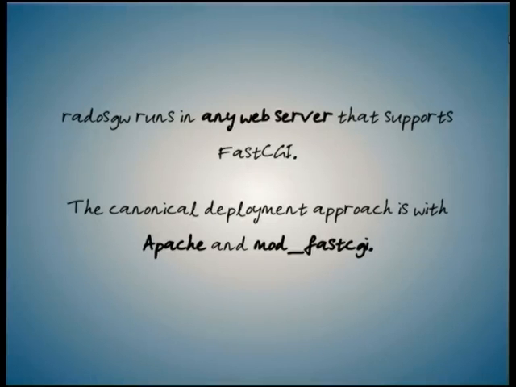So you can run this with Nginx if you choose to. You can run it through Lighttpd. You can, if you're brave or insane, run it through IIS, which I think supports fastCGI, kind of sort of. But the canonical way of doing this is, interestingly, with Apache and mod_fastcgi.